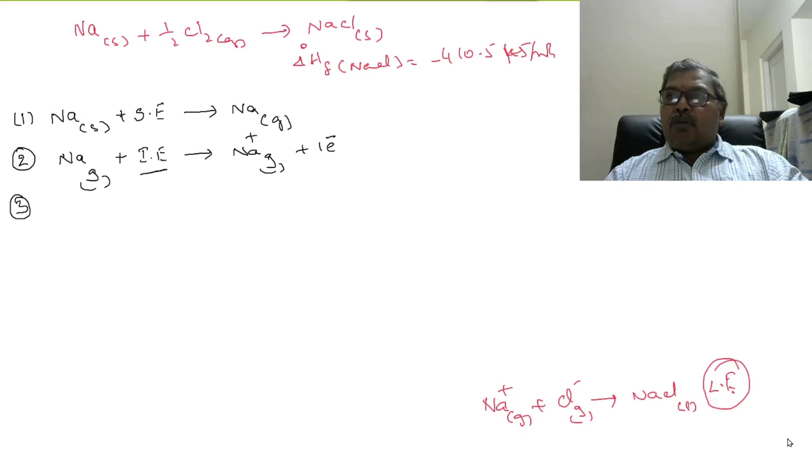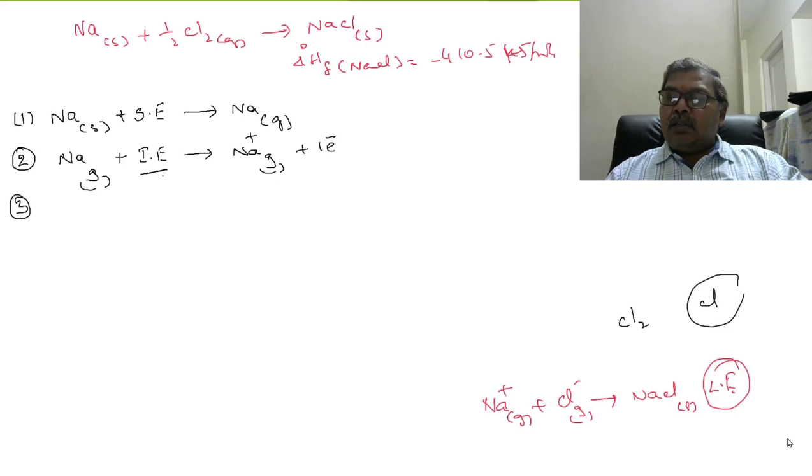Because it is the amount of energy required to remove an electron from a neutral isolated gaseous atom. So whatever energy is used here to remove the electron from sodium is called ionization energy. So first step is endothermic. Second step is endothermic.